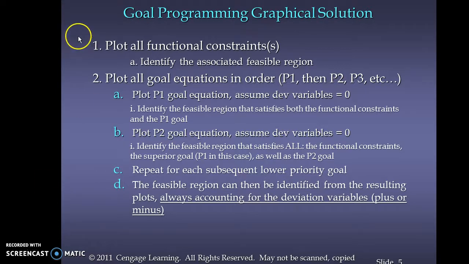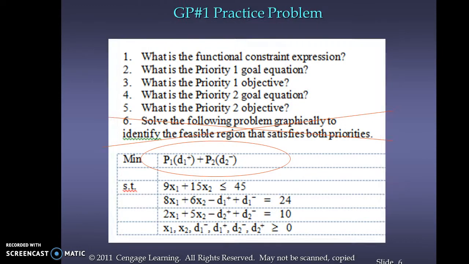But there are some similarities here. We plot certain constraints. We call them the functional constraints. We identify the feasible regions, and we plot the goal equations in order, and so on. And we use the deviation variables to identify where we're seeking the feasible region. You're not going to have to do that.